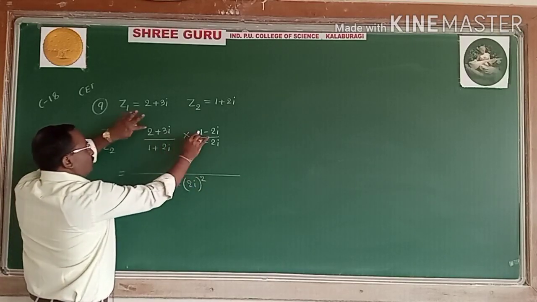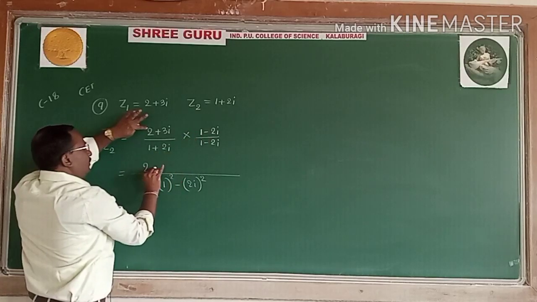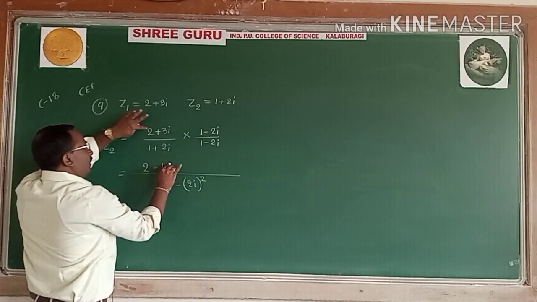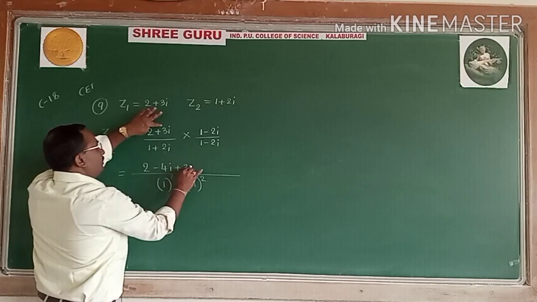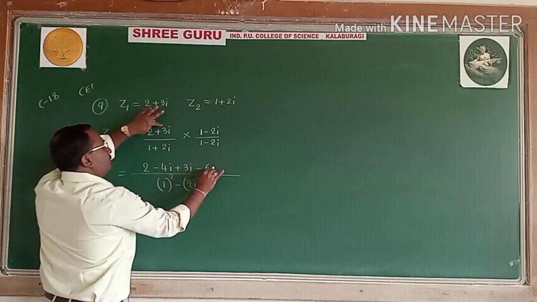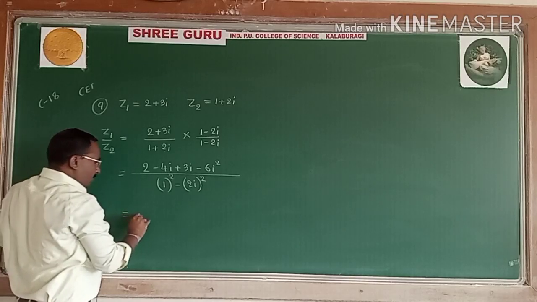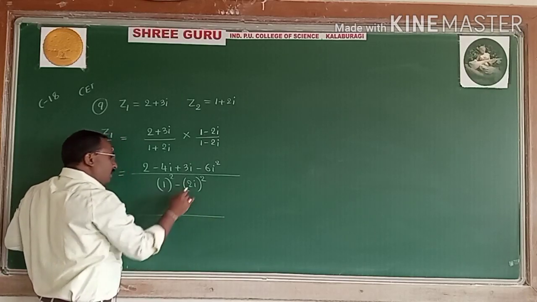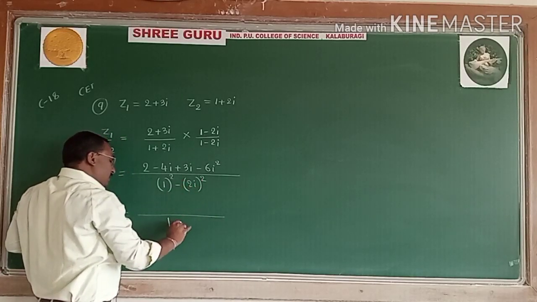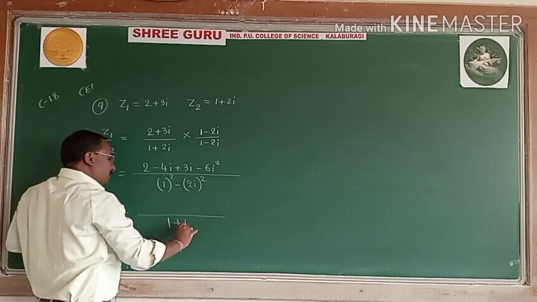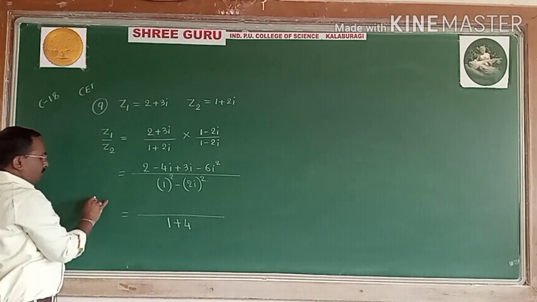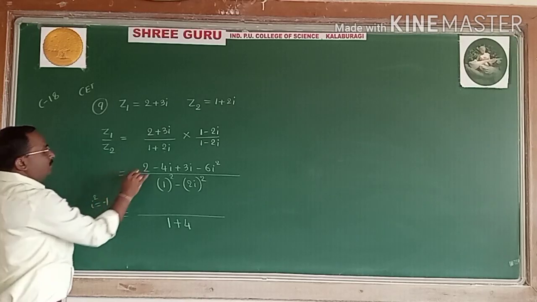Numerator product: 2 into 1 is 2, minus 2 into 2 is 4i, plus 3i, minus 6i square, and i square value is minus 1, minus minus plus. Denominator: 1 square is 1, 2 square is 4, because i square value is minus 1.